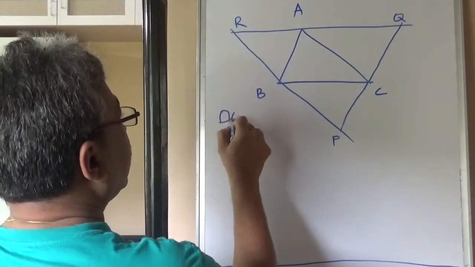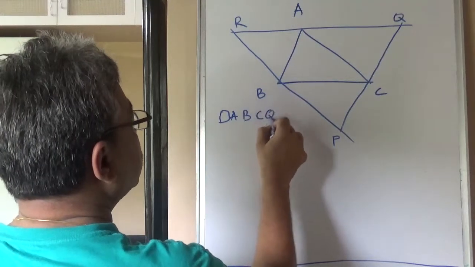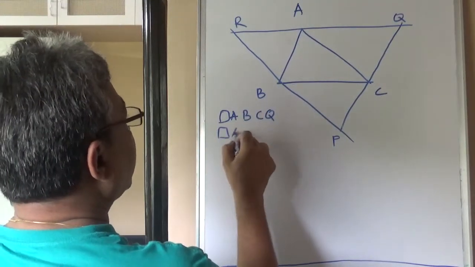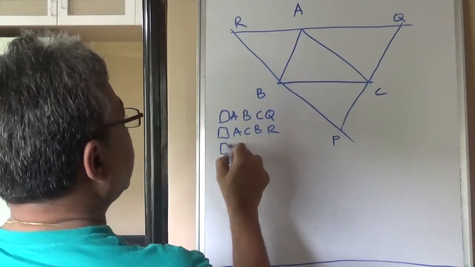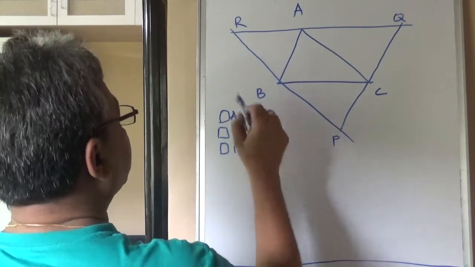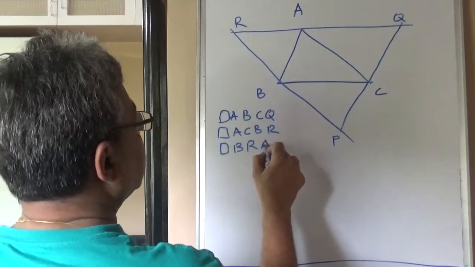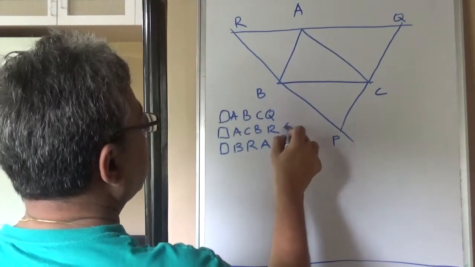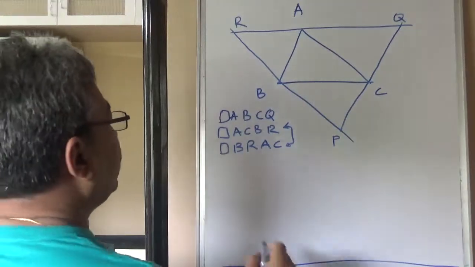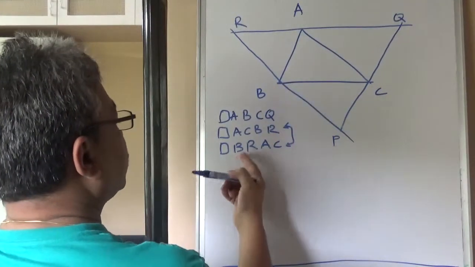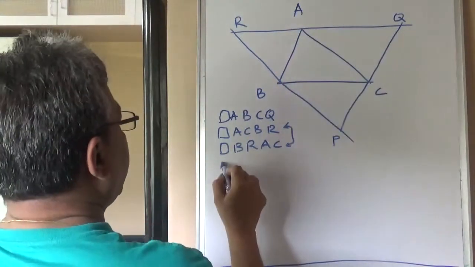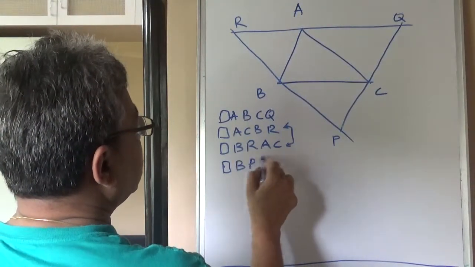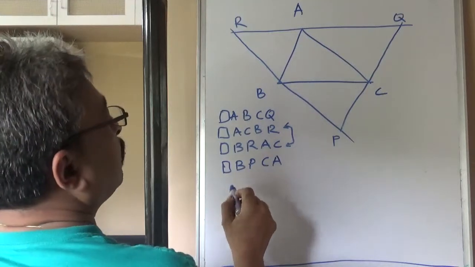Quadrilateral ABCQ is a parallelogram, quadrilateral ACBR is a parallelogram, and BRAC. These two are the same, but I am writing it differently deliberately because I am considering vertex B. So BRAC, and quadrilateral BPCA is also a parallelogram.